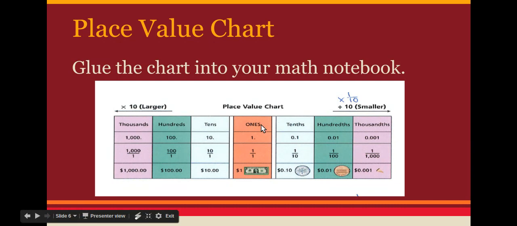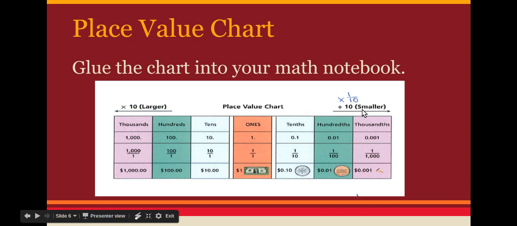These places are all considered whole numbers. They're not a part of a whole, they are a whole number. Then we move over here where we do have parts of a whole, and they start from tenths, hundredths, and thousandths. As a reminder, on the top of the chart, there are some arrows.